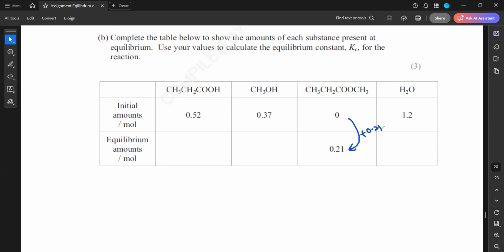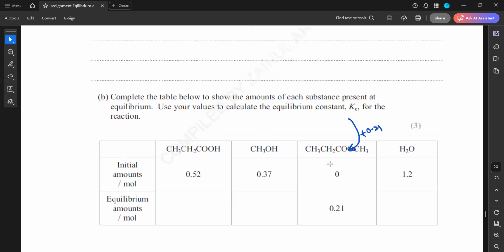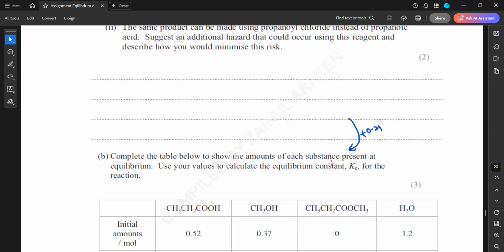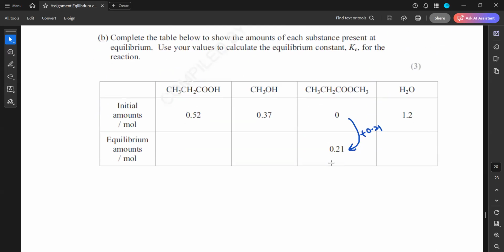We know the ratio between them according to the equation is 1:1 for all. So how many moles of propanoic acid will be reacting? If the ratio is 1:1, 1 mole gives 1 mole, so there is 0.21 moles.